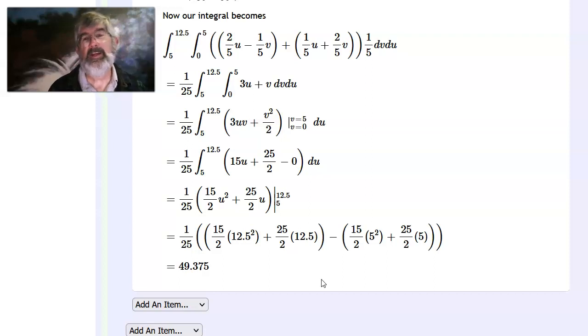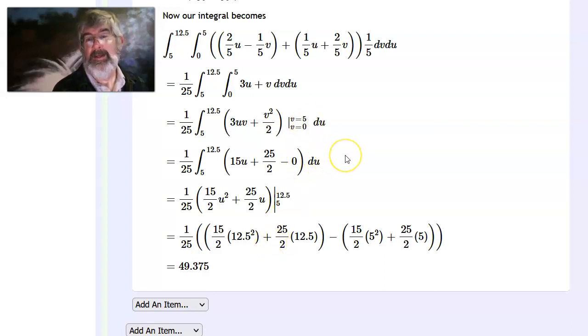But in this case, the real factor was that the region I was integrating over was awkward to work with. So a change of coordinate system made it really nice to work with, and it didn't really change the nature of the function at all. It's not that much harder to integrate 3u plus v than it was to integrate x plus y. It's just different coefficients out in front. So you've got to try a bunch of these, struggle a bit, ask questions, and start to figure out how this works.